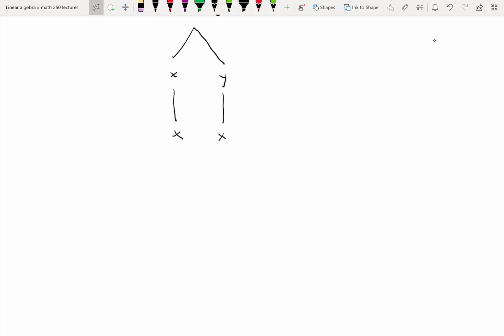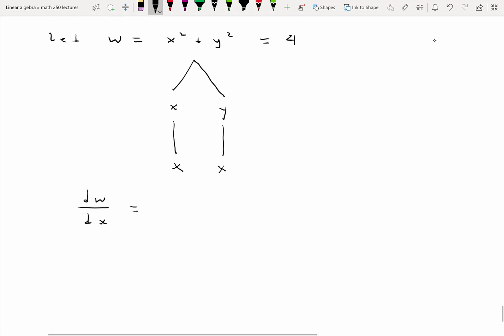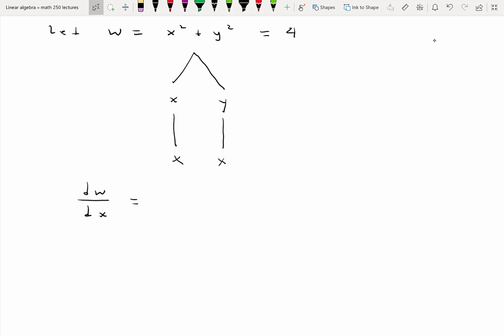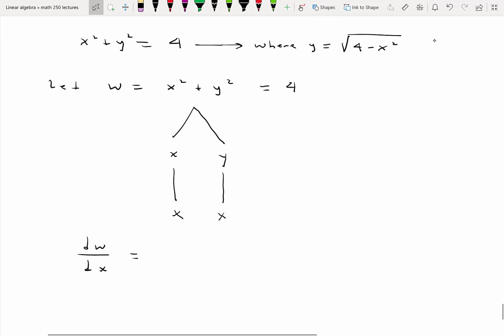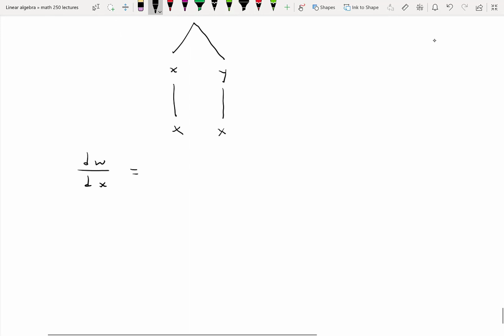So by the chain rule, the ordinary derivative of w with respect to x, if I call this x squared plus y squared the function capital F, then the chain rule says it's partial F, partial x.